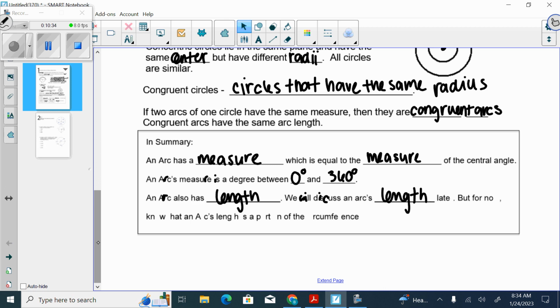But all you need to know is that it's directly related to the circumference, right? If I'm going around a circle, that's the circumference of the circle. All right, so knowing what we know about central angles and arcs having the same measure and our three different types of arcs, let's flip it over onto the back and look at some examples.